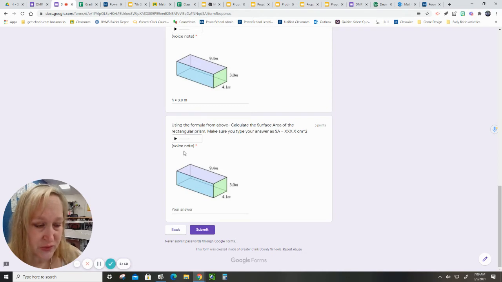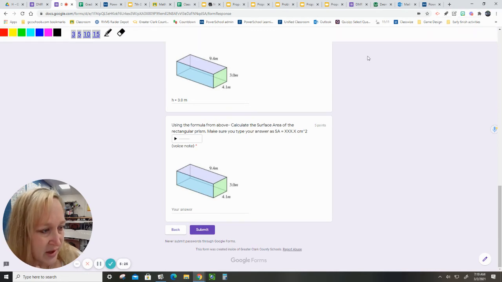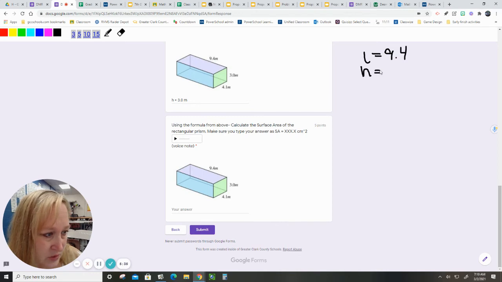All right, this last one is when we put it into place. We actually use the formula we had above and then substitute those numbers in. So on your test, you want to make sure that you have your letters determined what they are. That's length equals 9.4. Height equals 3.0. Width equals 4.1.